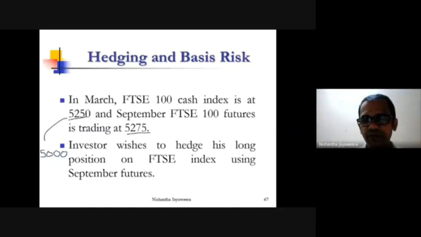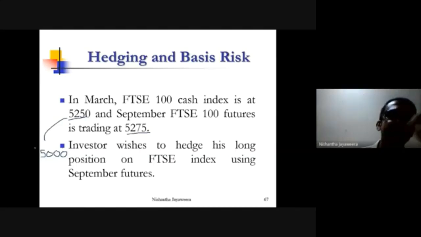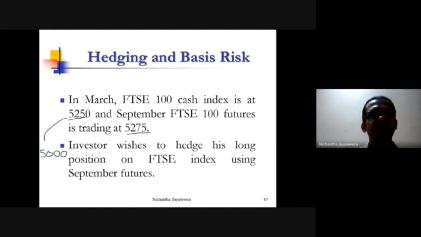Whatever asset you have, if the price goes down, you make a loss. So this is a loss. So what would happen if this goes to 5,500? That will be a gain. It would be a gain.